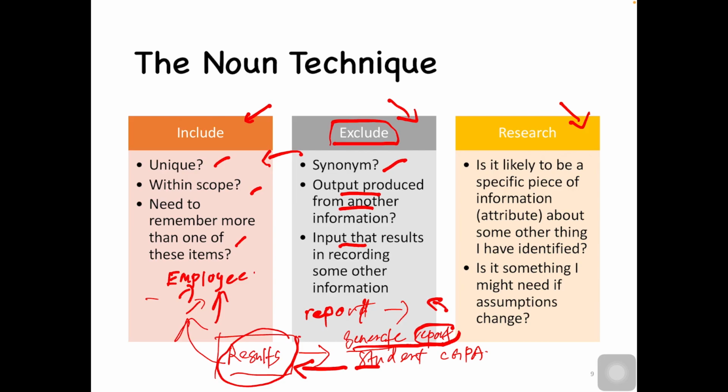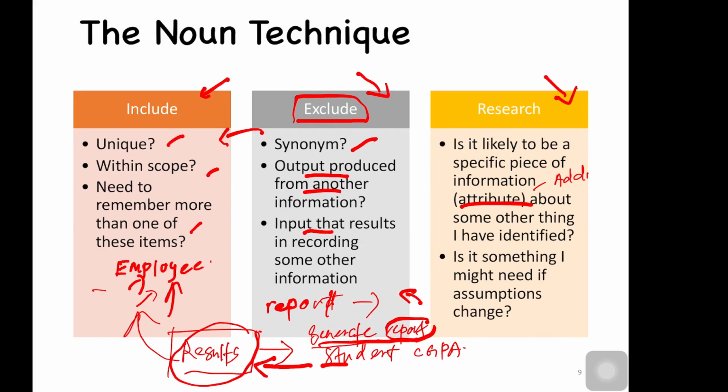And lastly, research: is it likely to be a specific piece of information or an attribute about some other thing I have identified? So you need to identify whether it is an attribute. For example, address, employee address. Address can be just an attribute, but it could also be a noun or a class. So we need to check whether we will store more than one address for one employee.